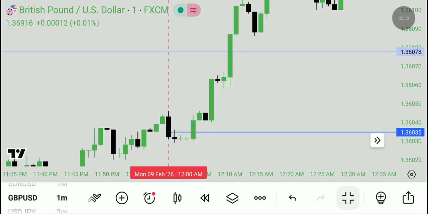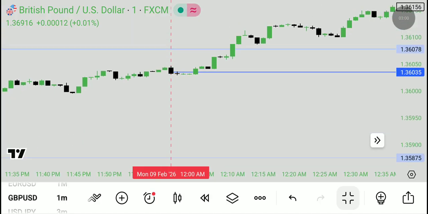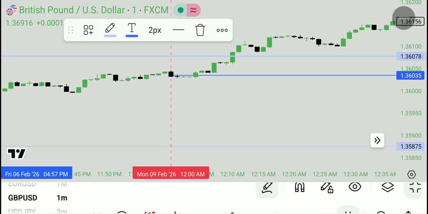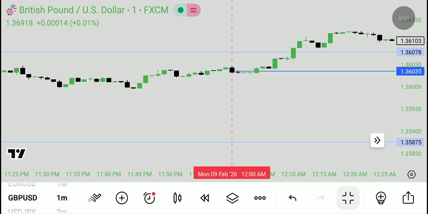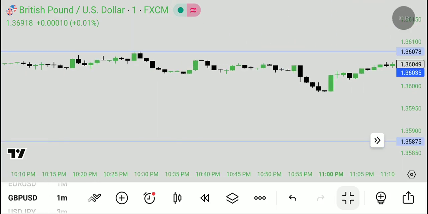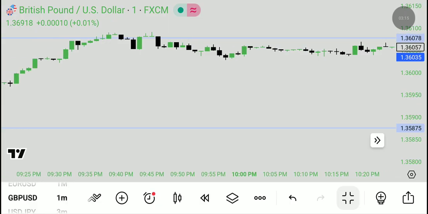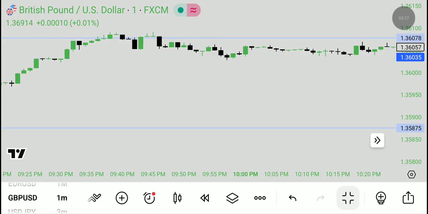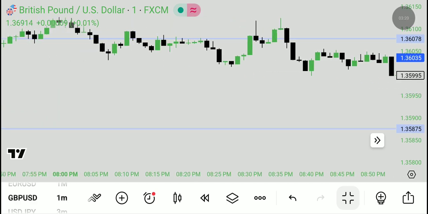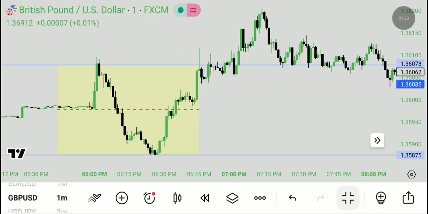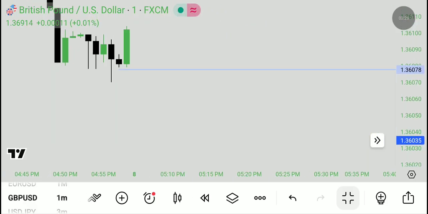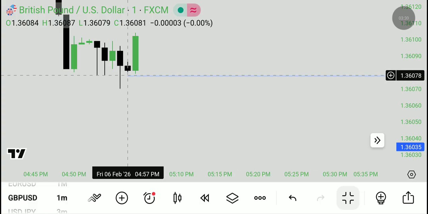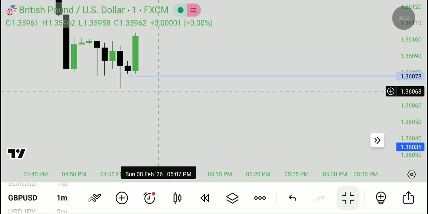I said this color, you can see the color is 2. You can see 2 particular colors. And I always say this color is weekly opening gap. I also want to show you how I got it. I have been saying on my videos, once Friday closes, you draw it out.